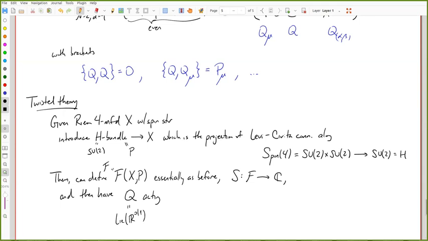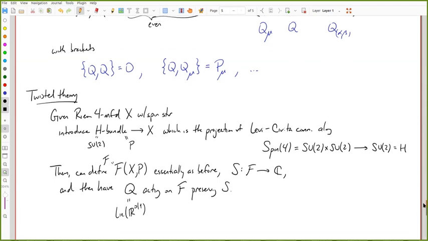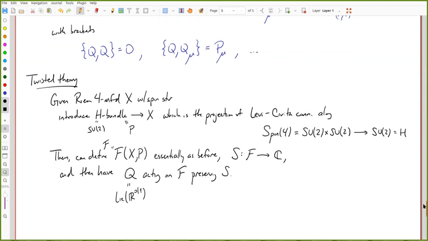It's just an abelian Lie algebra with one odd generator, Q, acting on F, preserving S. It's like a real shadow of what we had before. Before, in R4, we had 8 supersymmetries. Now we just have one with Q squared equals 0. But that one is still pretty good.